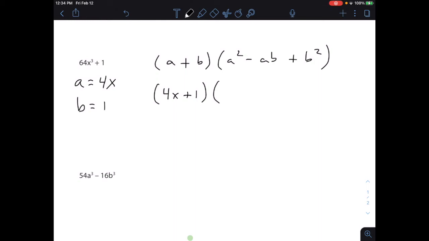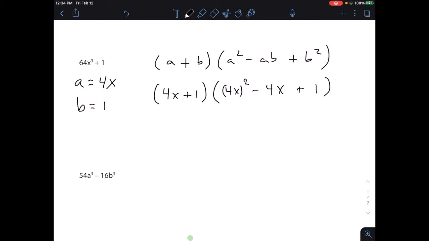A squared, that's 4x squared. And so we got to be really careful here because we have to square the 4 and the x. And then this next one is 4x times 1. In this case, it's just a 1, which is nice. It's not hard to do. 4x times 1, so that's just 4x. And then the last term is just 1 squared, or 1, right?